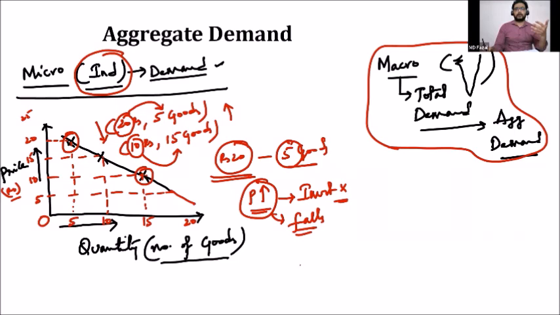So when there is an increase in the prices, people are not investing. That means demand is slowly falling. The demand will slowly reduce. So this is the concept of aggregate demand.